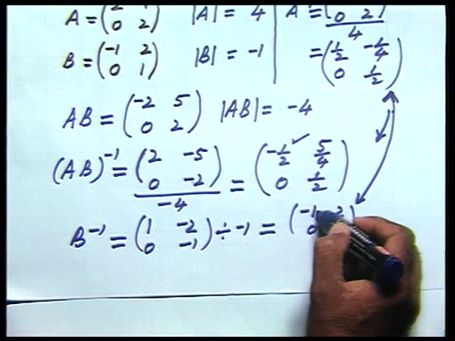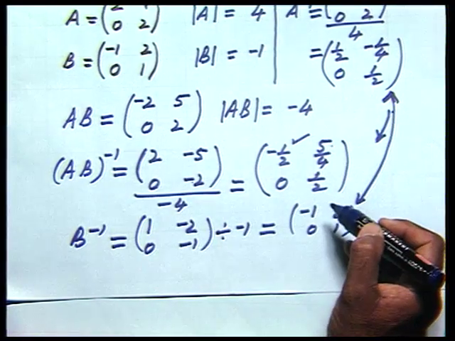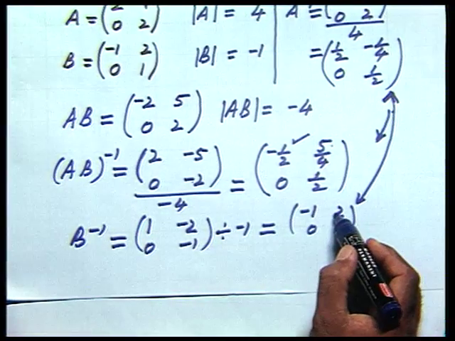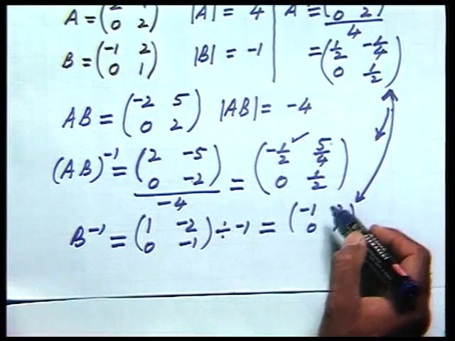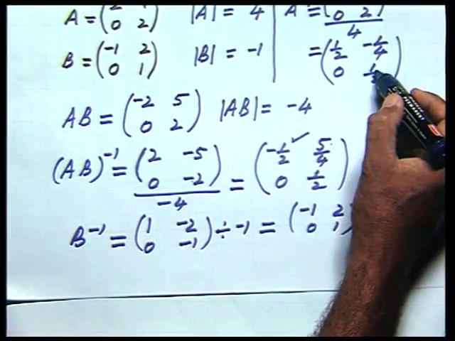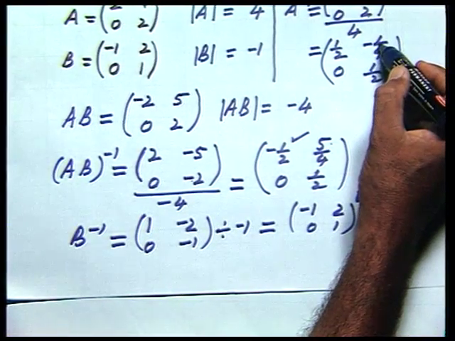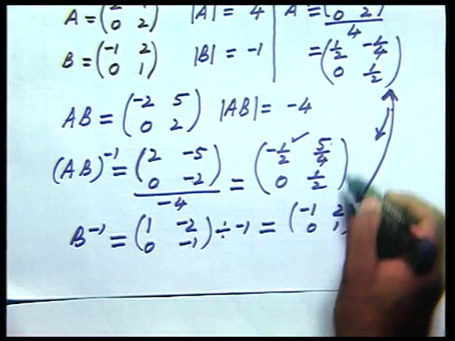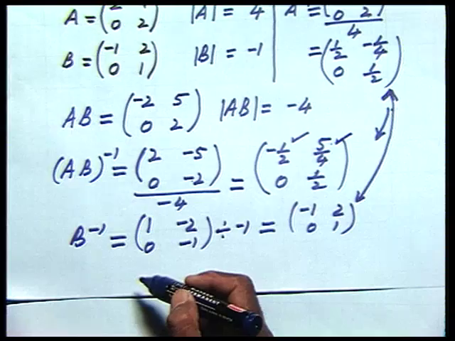Then let us multiply this first row with second column to compare the element here. Minus 1 times minus 1 by 4 is plus 1 by 4, 2 times half is 1, 1 plus 1 by 4 is 5 by 4.